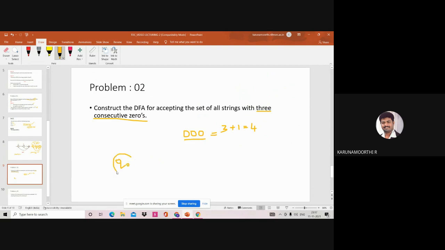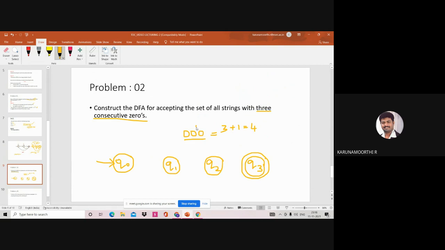Q0, Q1, Q2, Q3. After mentioning the states, the next step is to mention the start state as well as the accepting state. This is my start state. Q3 is my accepting state.